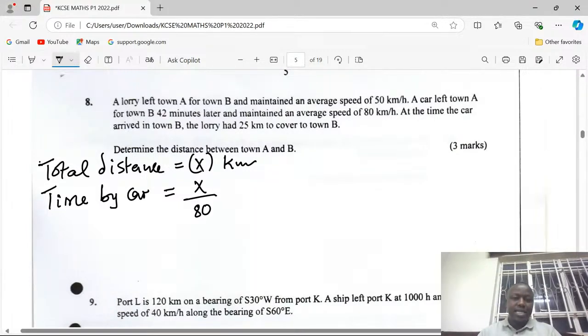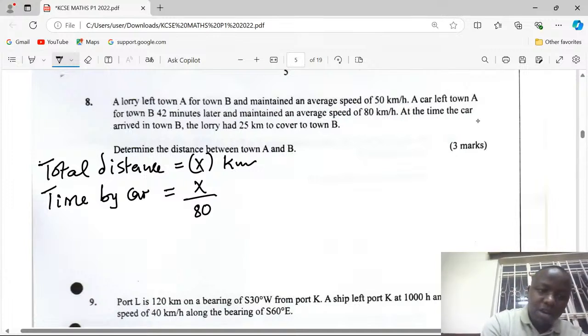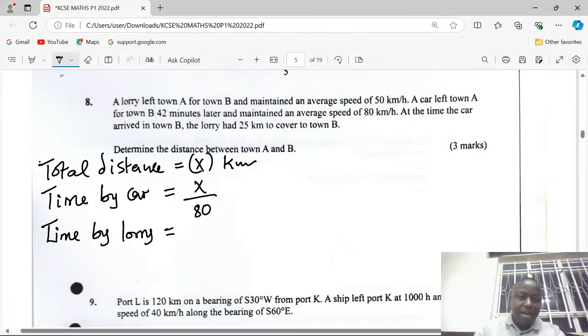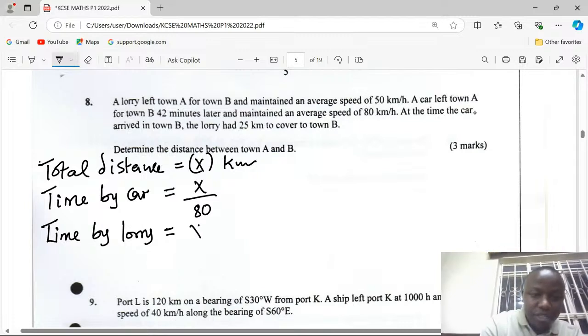We are saying that the lorry is 25 kilometers away. And that means the time by lorry is equivalent to the time by car. By the time the car is covering the total distance, the lorry will have covered total distance minus 25, but using a speed of 50.